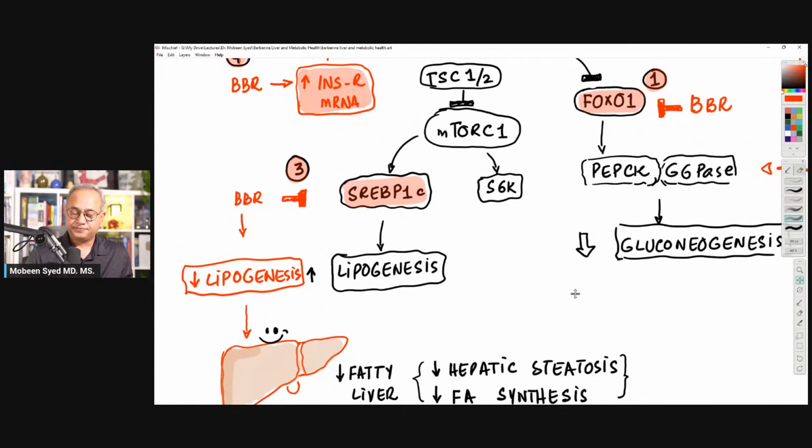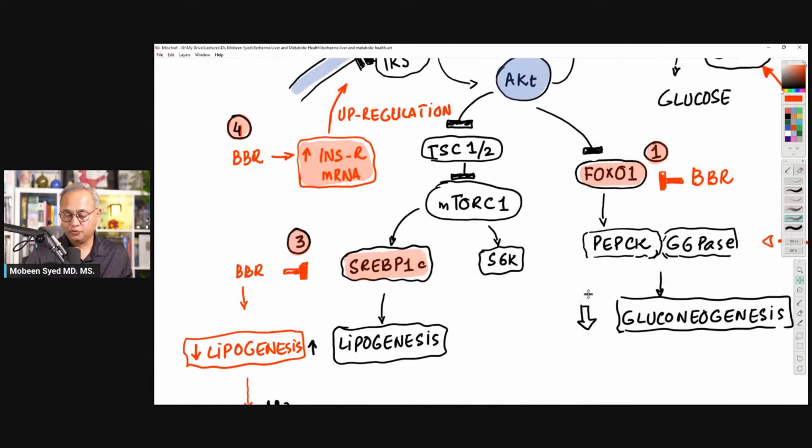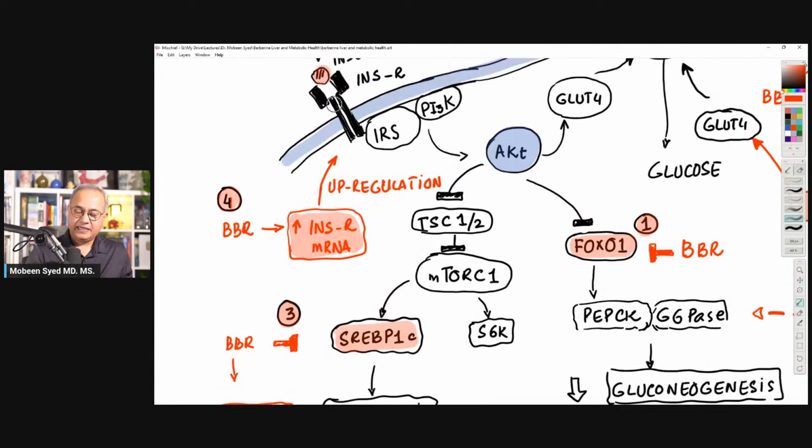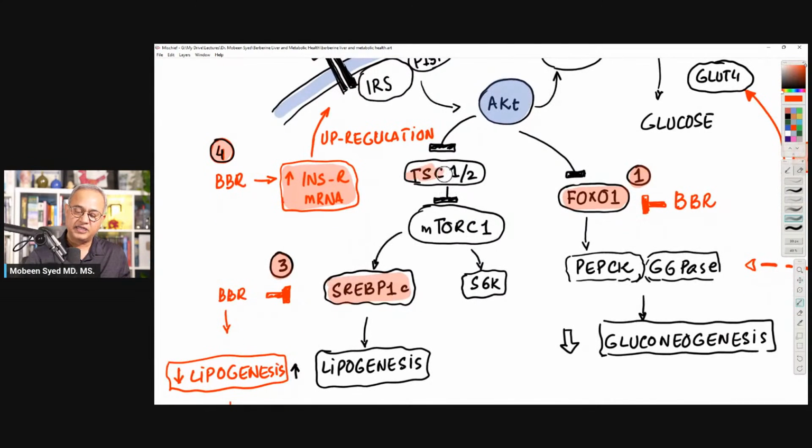That is this one. Let me show you through insulin first. Insulin comes and attaches to the insulin receptor. That causes the receptor substrate to become activated on the inner side. That causes PI3K to be activated. That causes AKT to be activated, which then blocks the TSC1 and TSC2 proteins.